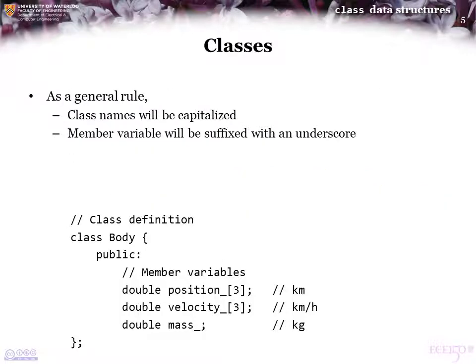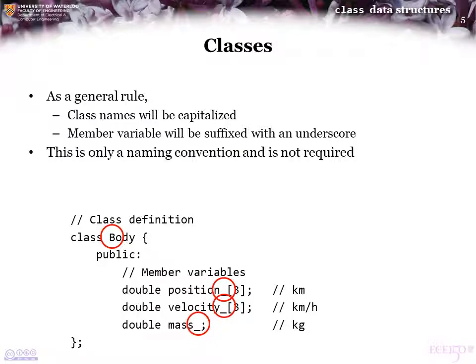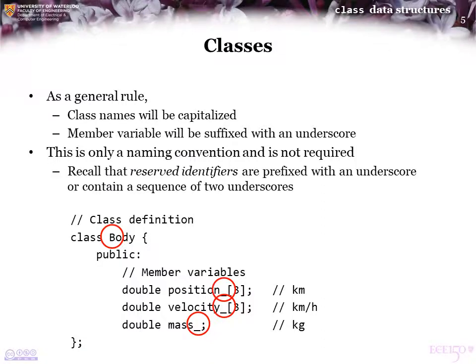Now note, as a general rule in this course, class names will be capitalized, although if the class name is composed of multiple words, subsequent words will be lowercase with underscores between words, and member variables will be suffixed with an underscore. This is only a naming convention and is not required.